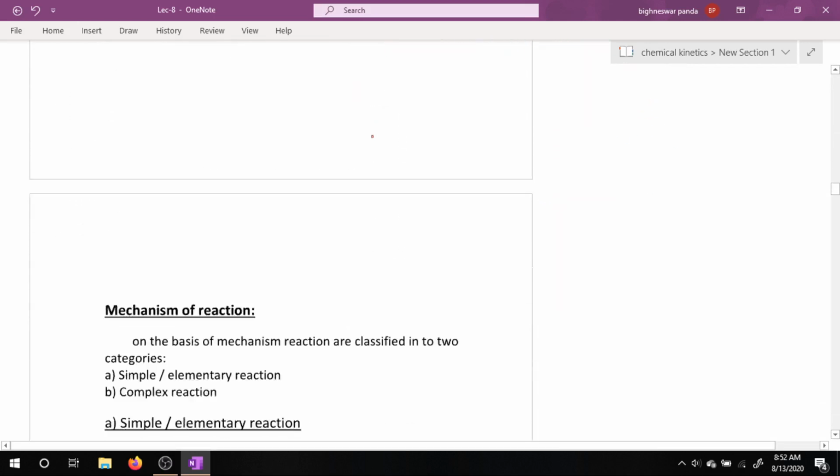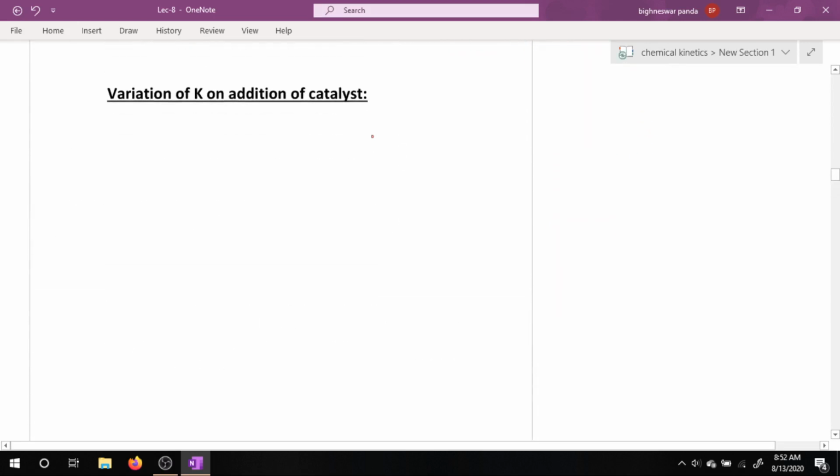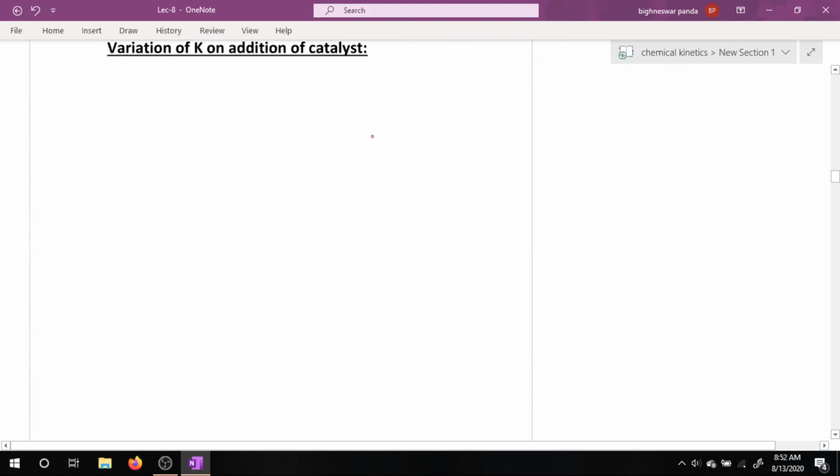So, variation of K on addition of catalyst. What is the effect on K on addition of a catalyst? Again we use the Arrhenius equation, that is, K is equal to A into e to the power minus Ea by RT.